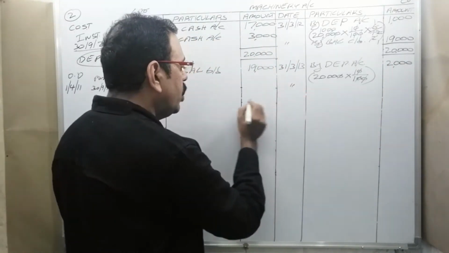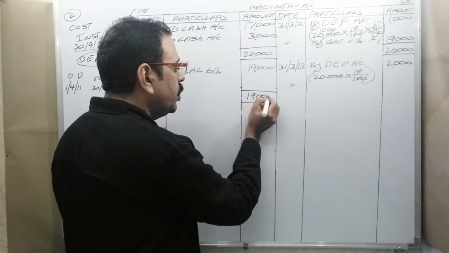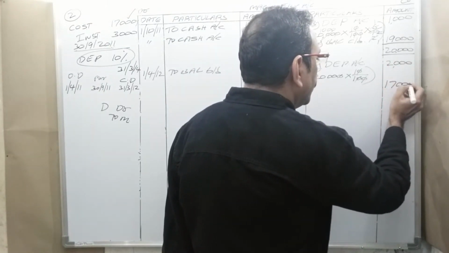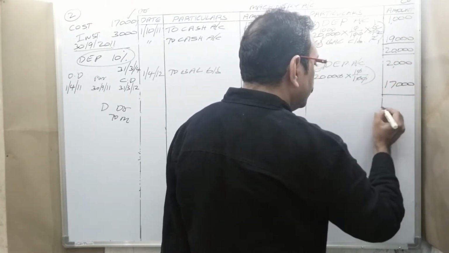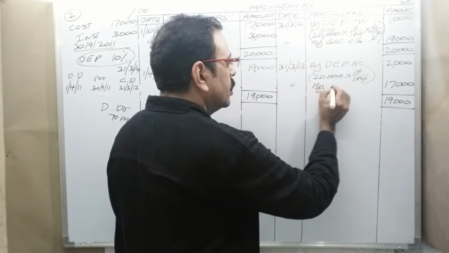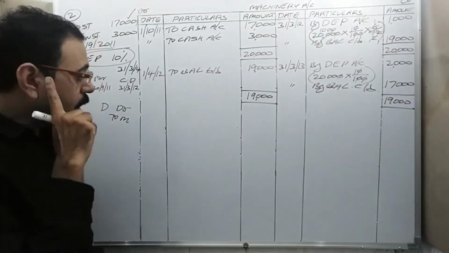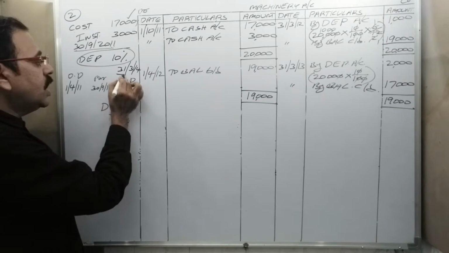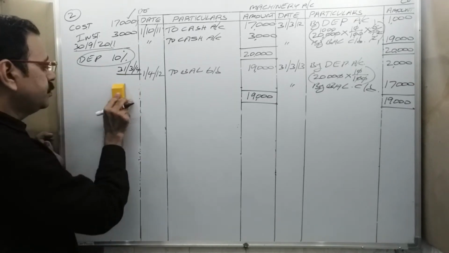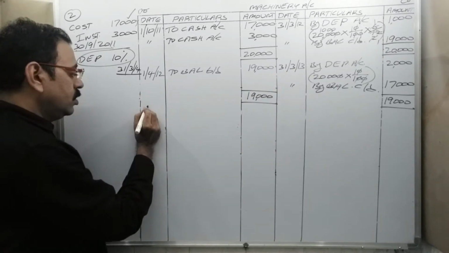Then the balance carried down amount is 19,000 rupees minus 2,000 is equal to 17,000 rupees. Balance carried down. Now up to which date is he asking? 31st March 2014. Okay.